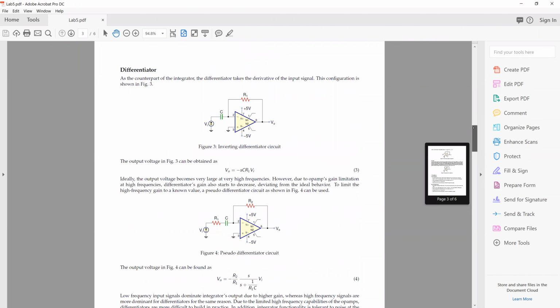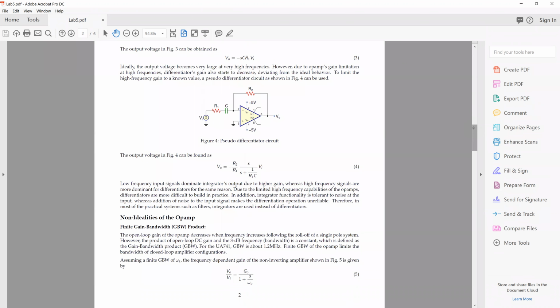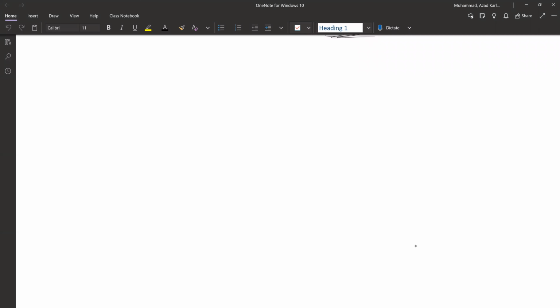Now, there is one more non-ideality that comes in op-amps, that is a finite gain bandwidth. Let's quickly go ahead and talk about what it is. If you consider that an op-amp is ideal, let's just consider this as an ideal op-amp.